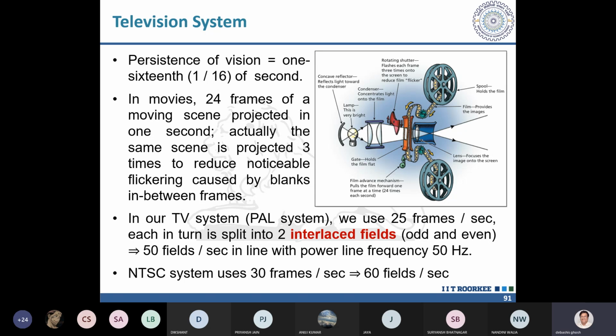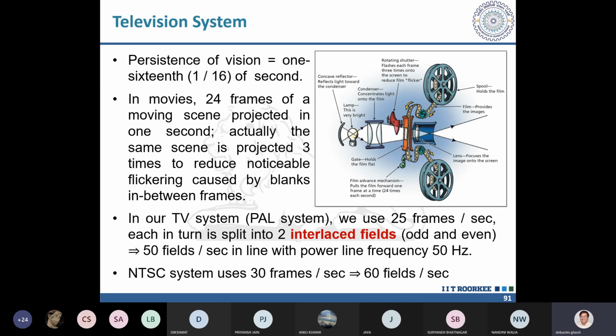Now this is something like, if you look at your ceiling with the fan on, the fan is rotating. The fan is like the shutter, which is obstructing your view for some time.